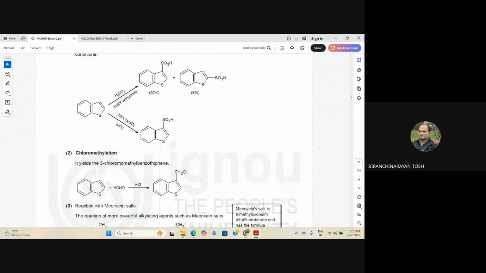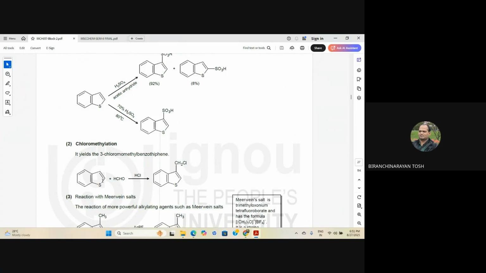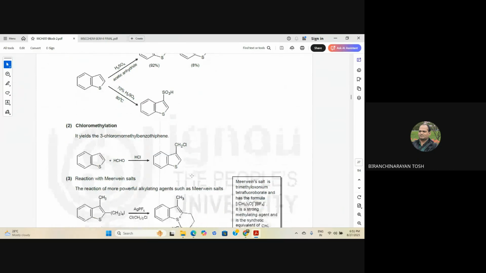Then on chloromethylation, we have to use formaldehyde and HCl, so the chloromethyl group will be substituted. It yields 3-chloromethyl benzothiophene. At the 3 position, substitution occurs.